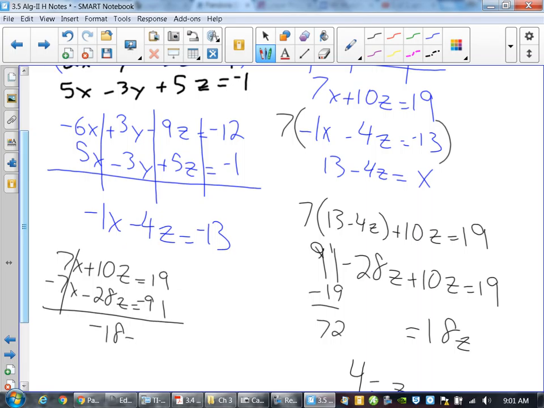Negative 18z is negative 72. Wait, z is 4. Sorry, that's supposed to be a z. Wait, don't the x's cancel out when you multiply by 7? Yeah, they did. So then you get negative 18z is negative 72. Oh, I was just going too fast and skipping stuff. Never mind.